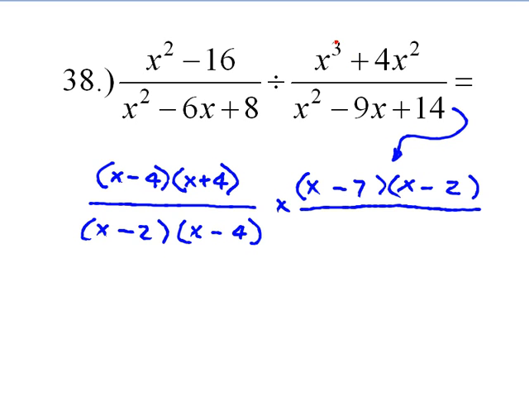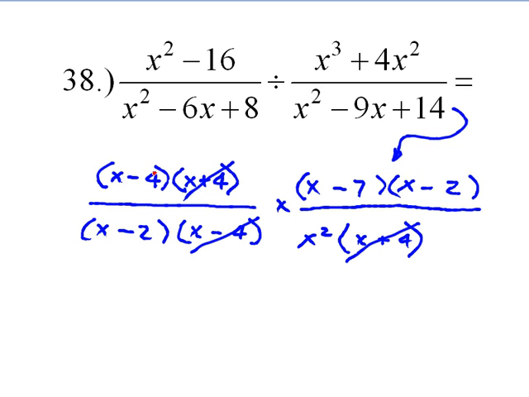Okay, then up here, we can take out a common monomial of x squared, and we get x plus 4. Okay, now we have to simplify. Here's an x plus 4, and here's an x plus 4.